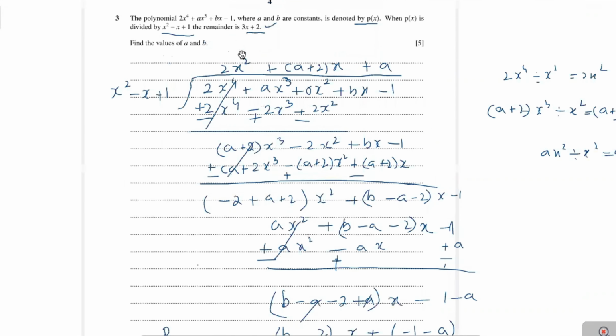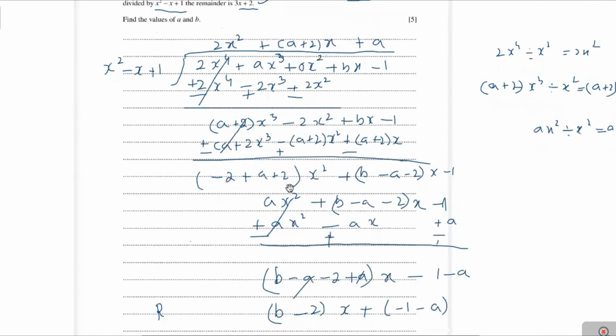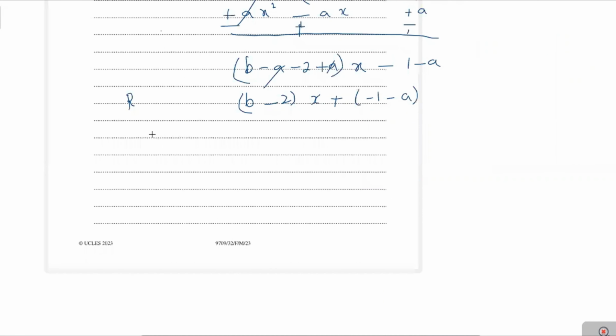And you see here the remainder in the question is given as 3x plus 2. Therefore, we can write the remainder 3x plus 2 as given in the question. Now we can write this remainder value b minus 2 into x plus minus 1 minus a.